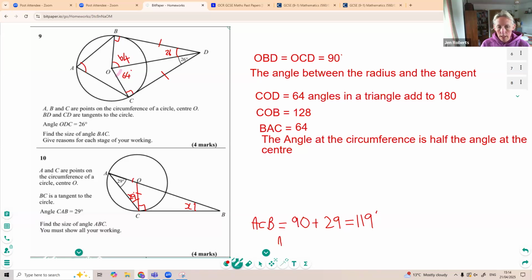So ABC is 180, take away 119, take away 29. Which is 32 degrees.